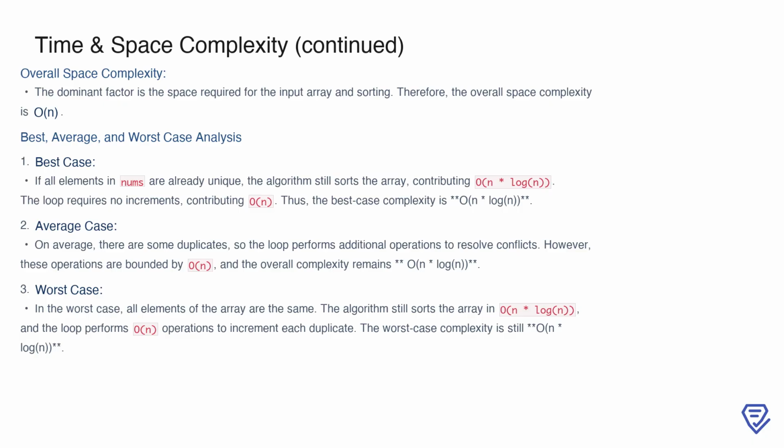However, these are linear and do not change the dominant term, so the average case complexity is still O(n log n). Finally, in the worst case, if all elements in the array are identical, the sorting step is still O(n log n), and the loop resolves all duplicates in O(n). Even here, the overall complexity does not exceed O(n log n).